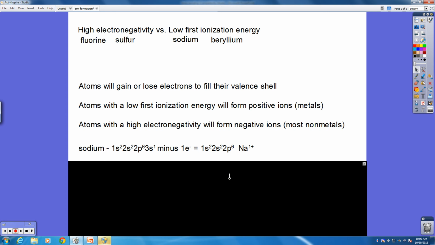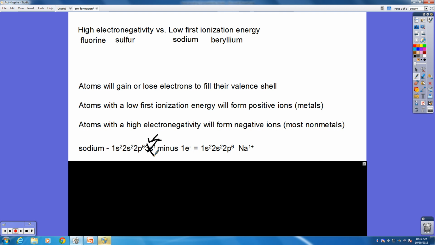So let's take a look. Sodium, which we know has a low first ionization energy, is going to lose electrons to fill its valence shell. So it's 1s2, 2s2, 2p6, 3s1. This right there, those are its valence electrons. So if it loses one electron, then this entire shell goes away, which is also why positive ions are smaller than their neutral atoms, because now we've lost that entire third energy level.